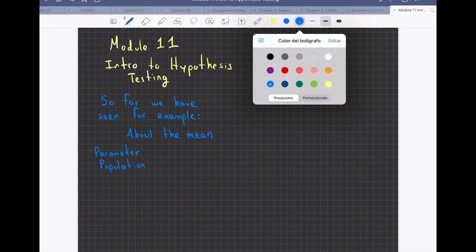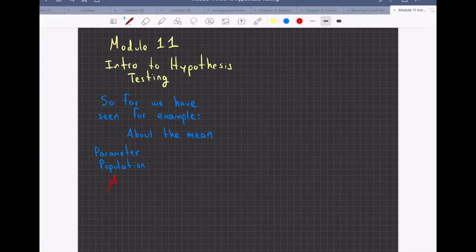The mean is identified by mu. And we have seen the statistic from the sample, and that is denoted by x bar or lowercase x bar.